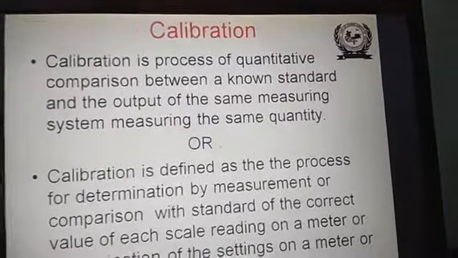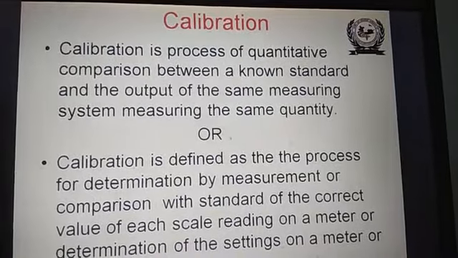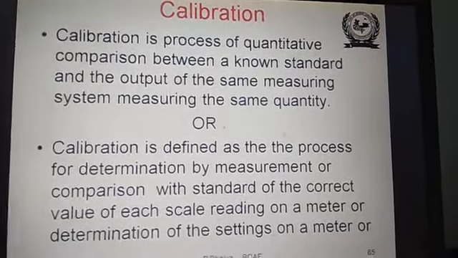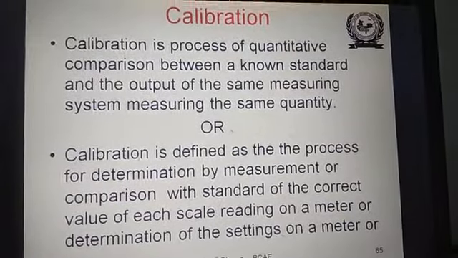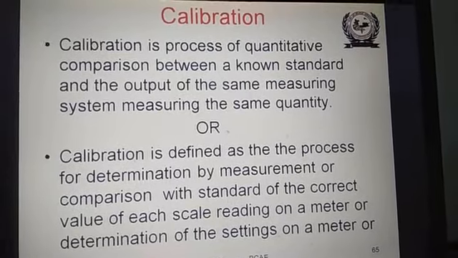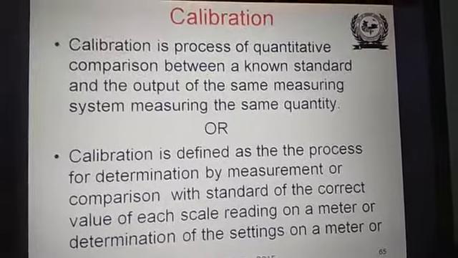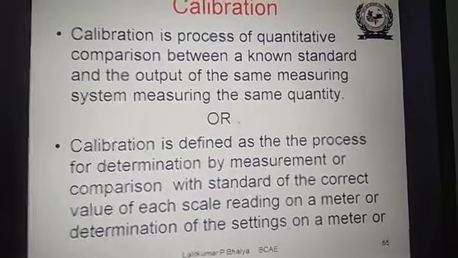So in general language we can say whether this instrument is properly calibrated or not. So this is the meaning of calibration. Calibration is a process of quantitative comparison between a known standard and the output of the same measuring system measuring the same quantity.